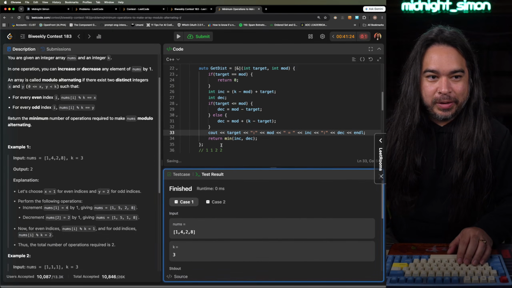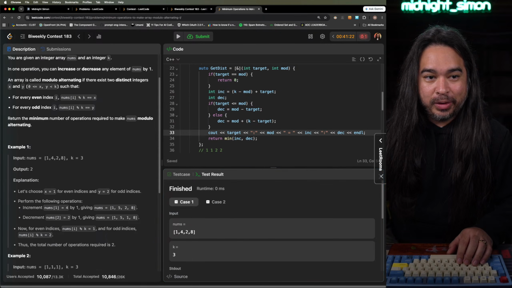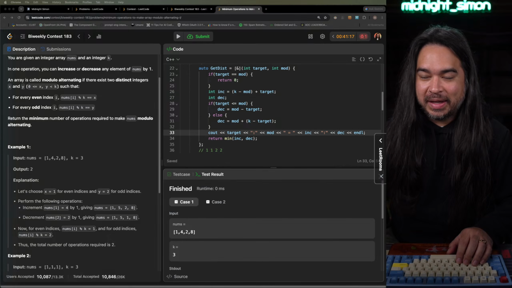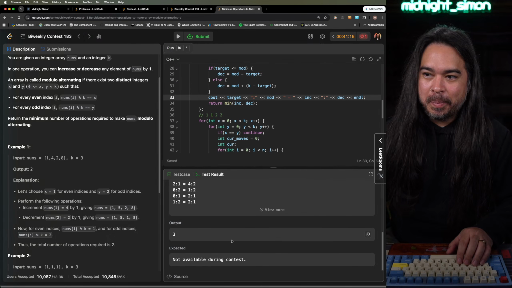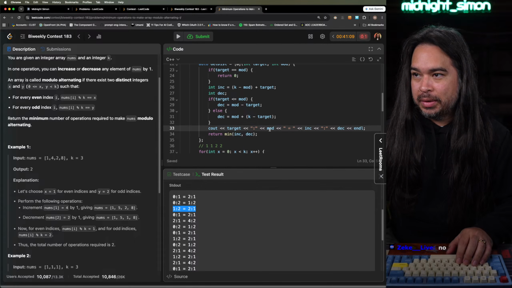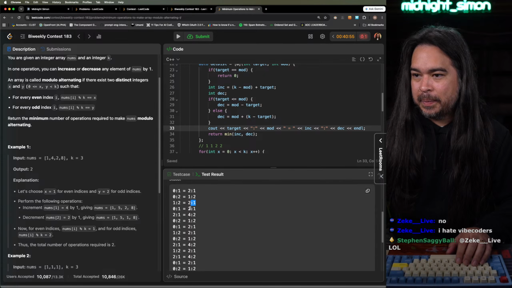Brain ain't focusing on normal, working on your game. That's fancy. Are you vibe coding your game? Here's 1, 2. So the target is 1, the mod is 2. Increasing is 2, decreasing is 1.